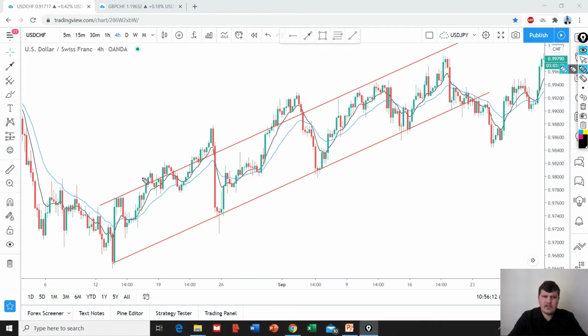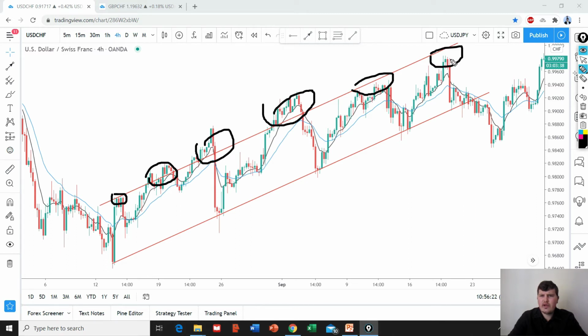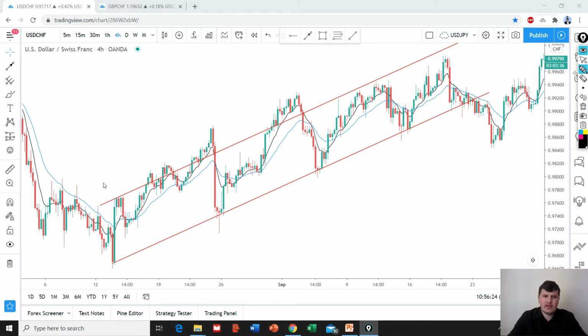And as you can see, you just connect at least two of these peaks, and don't worry that they aren't so perfectly drawn. This is more of an area of upward trend line area, and it's important just to connect as many of these peaks as possible.